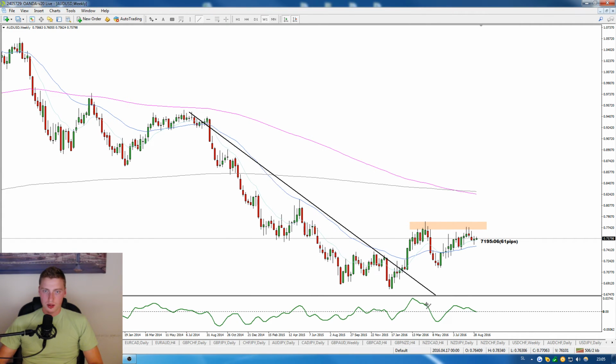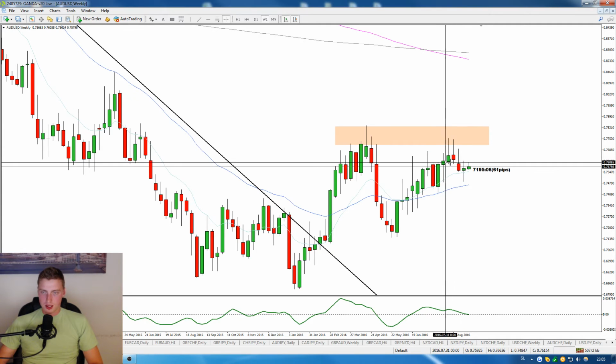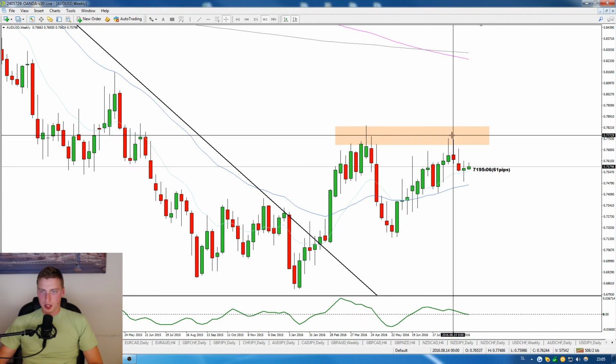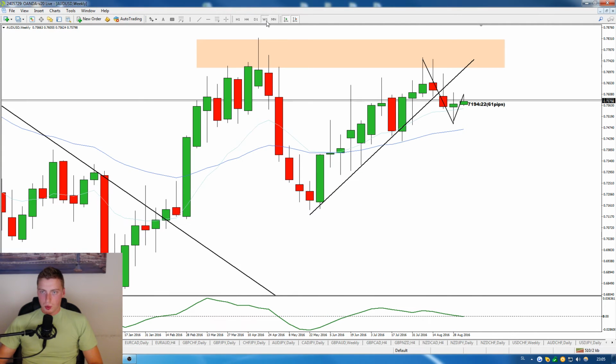Right here, broken trend line, higher high, higher low, very nice bullish candle formation. But after that, we've got two very nice bearish candle formations, rejections, and we've also got a daily broken trend line. So this might act as a lower low and a lower high, but the weekly candle.